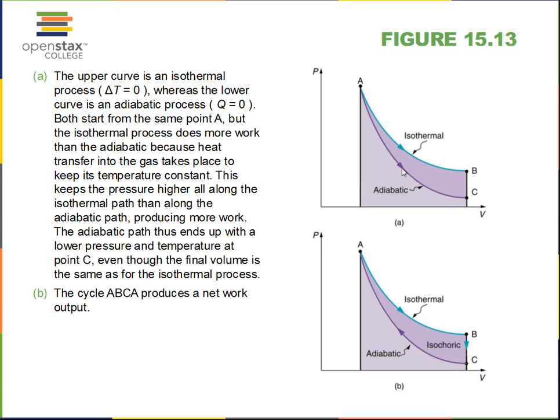So which one involves the most work? The isothermal path or the adiabatic path? And you should say isothermal. It has the biggest area under the curve. And notice too, work is basically pressure times change in volume. On this path, the pressure is higher. Here the pressure is lower. If you work this in the rectangle method, you'd have short rectangles here, not much area, bigger rectangles up to the path AB.